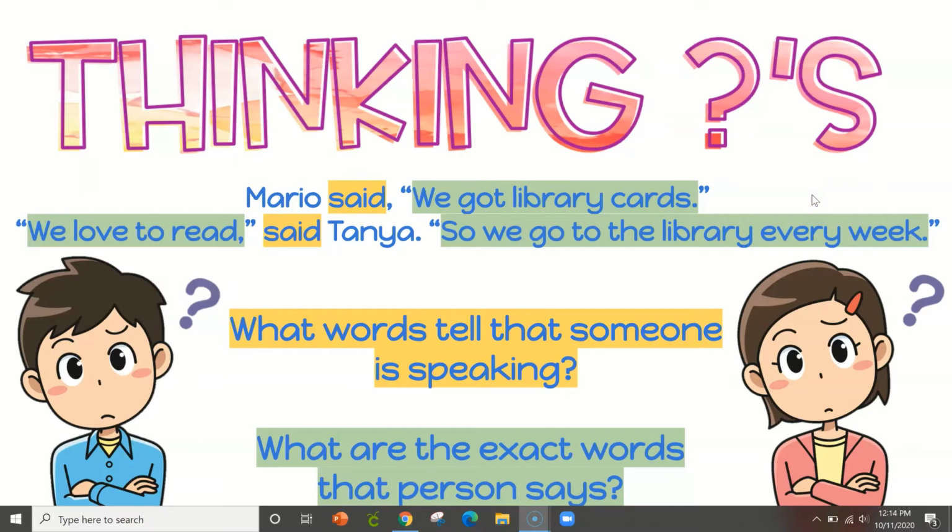Then you want to make sure that you have a set of quotation marks around the words being spoken out loud, as you see here and here, and again here and here, and finally here and here. Don't forget we have punctuation marks inside of the quotations, and we have capital letters to start off each quotation.